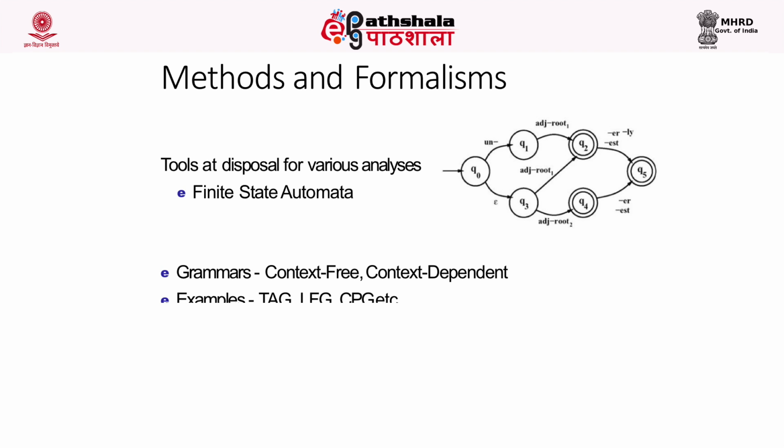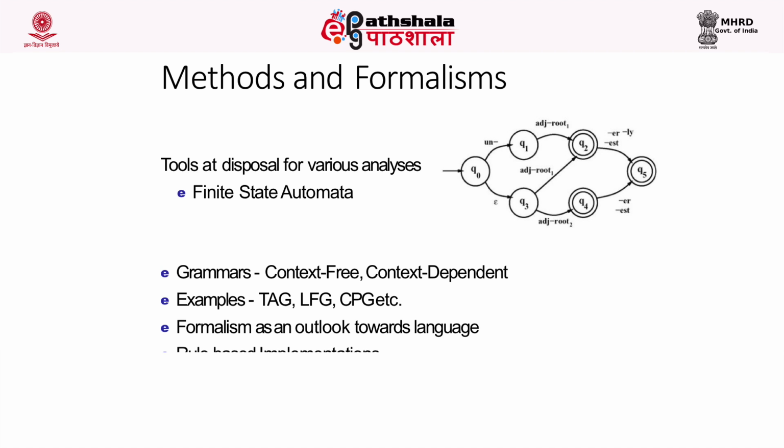From unclear, it goes to the finite state with the double circles, Q2, and you have an adjective unclear. On this adjective unclear, one can apply various suffixes such as er, ly, est, and each one of them would give the output again at the finite state as unclearer, unclearly, unclearest.